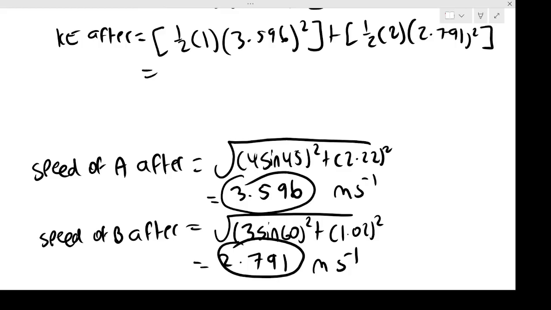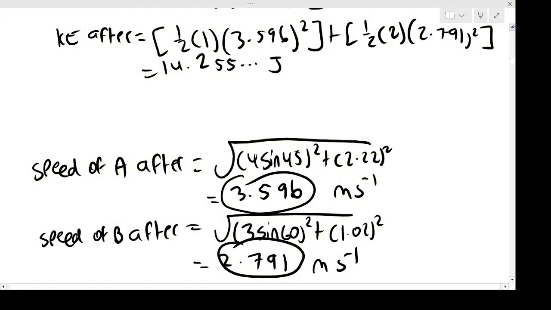And if I work all of that out, I get 14.255 blah blah blah joules.